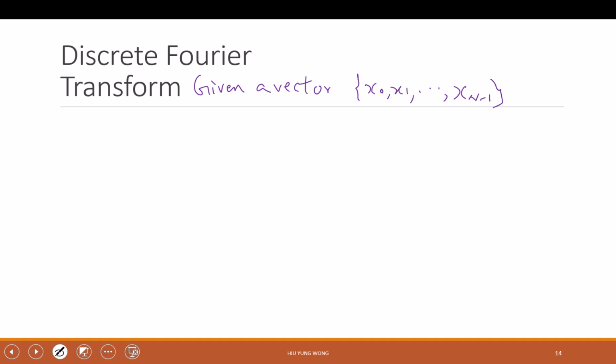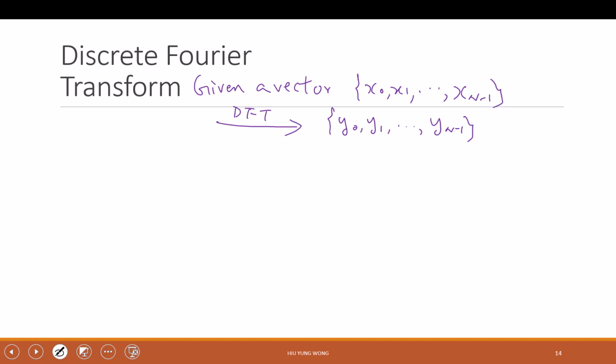It can be the vector of student names of our class, for example. You do a discrete Fourier transform, and then you transform it into another vector, y0, y1, all the way to yn minus 1. That's it: a transform from one vector to another vector. So nothing special about the discrete Fourier transform.